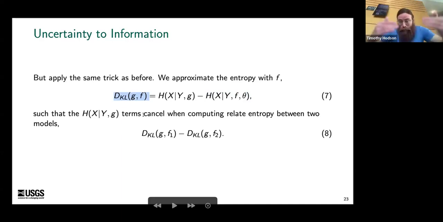What we're actually doing is comparing the relative. The absolute bits are kind of meaningless in what I presented. We're just looking at the relative bits between different ones, and in that case the entropy of the empirical likelihood cancels out.